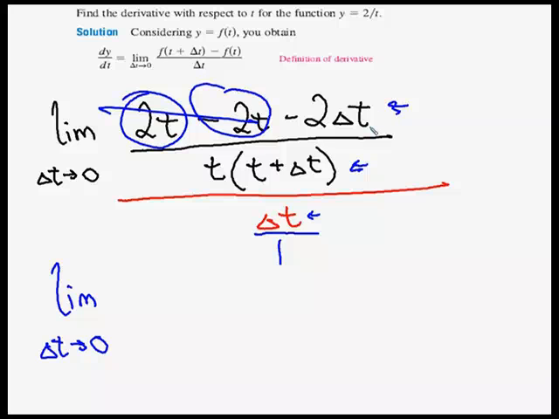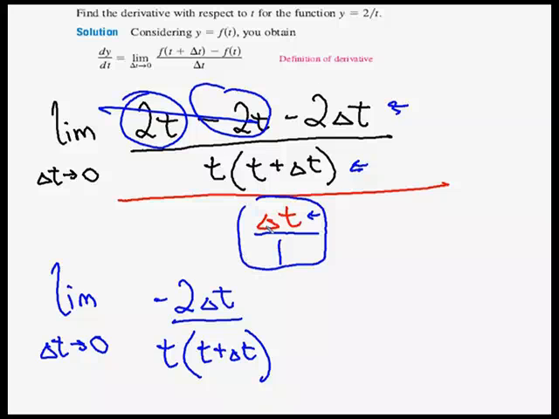So first, let's look at the upper fraction here. We have a minus 2 times delta t over this denominator, t times the quantity t plus delta t. And I'm going to bring this one up and flip it, invert and multiply. So down here it's delta t over 1. I'm going to bring it up, and this is now going to become times 1 over delta t.